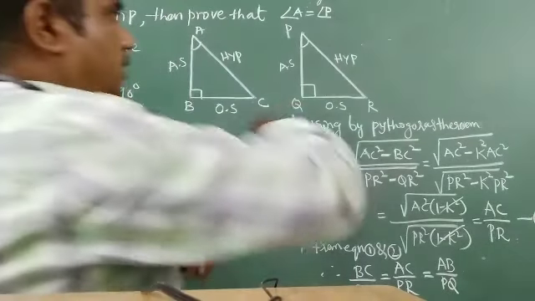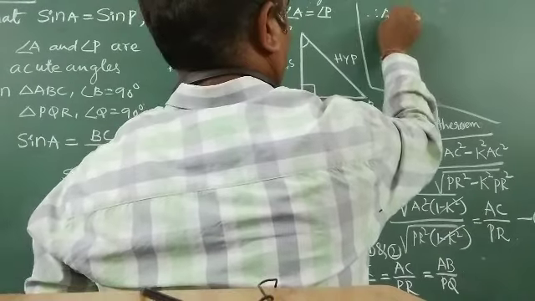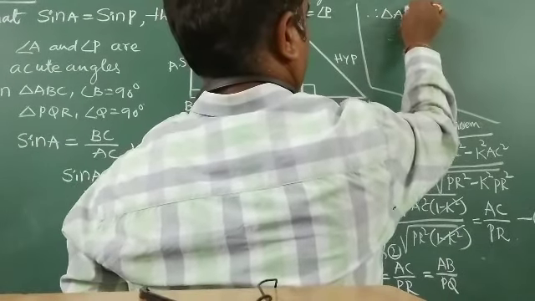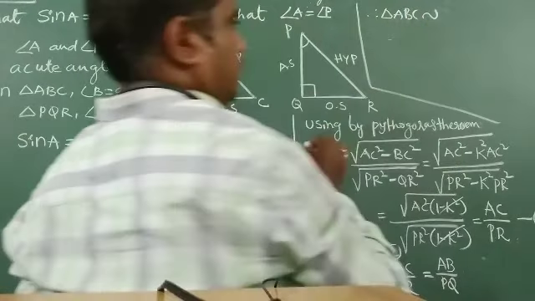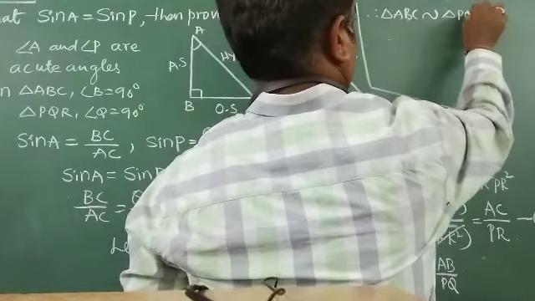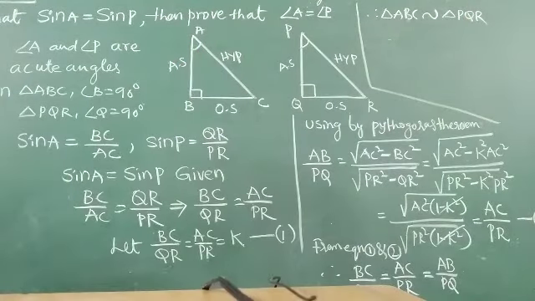So we can conclude, therefore triangle ABC is similar to triangle PQR. When two triangles are similar, their corresponding parts are equal.